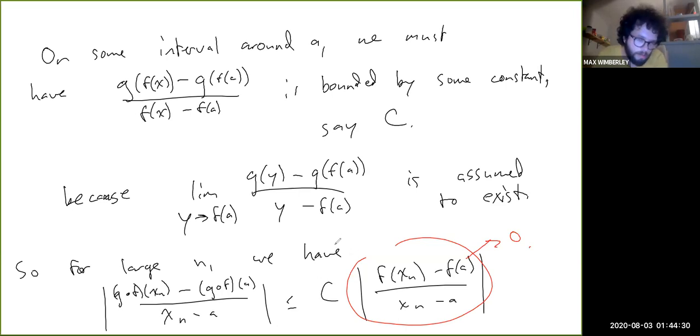It's actually not that bad. It's just this one realization that as x gets really close to a, f of x gets really close to f of a, and so this factor has to get closer and closer to g prime of f of a. So in particular, it should stay bounded. That's the main realization.